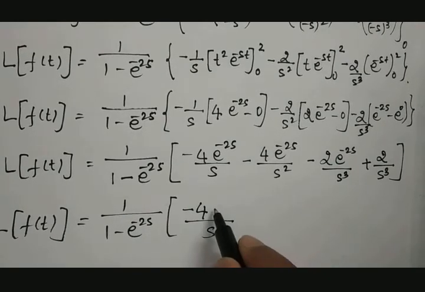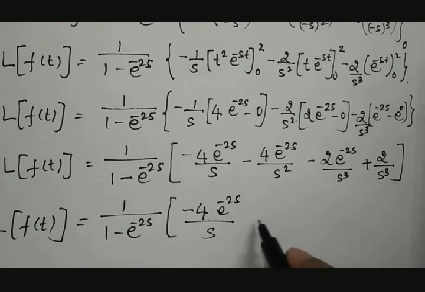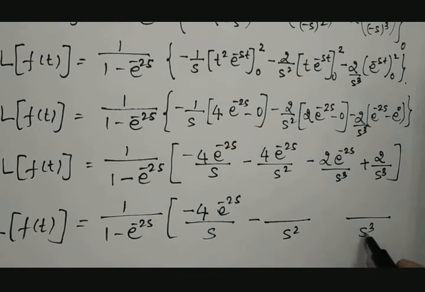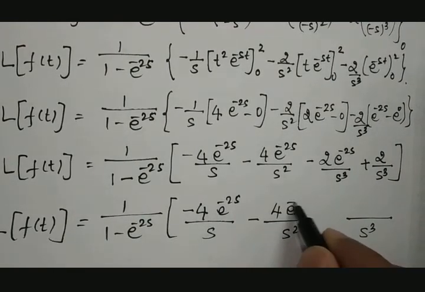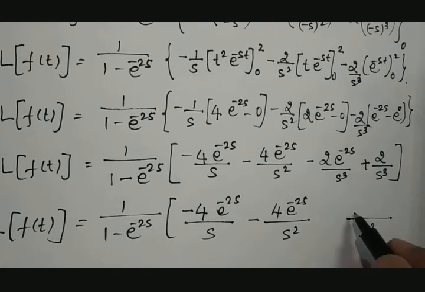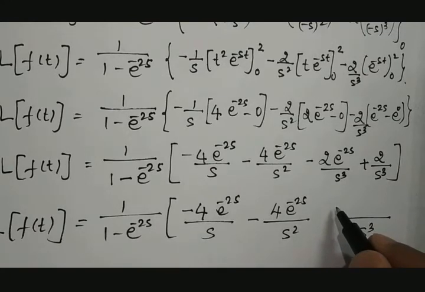Minus 4 e raised to minus 2s, only single term. Then I'll take s square, then s cube. How many s square terms? Only one, that is 4 into e raised to minus 2s. Then s cube terms are 2.